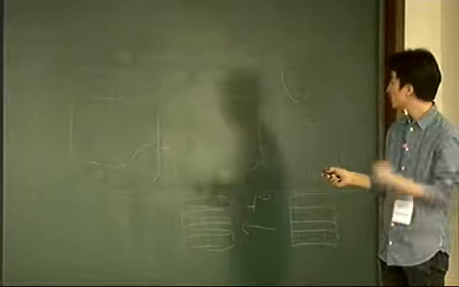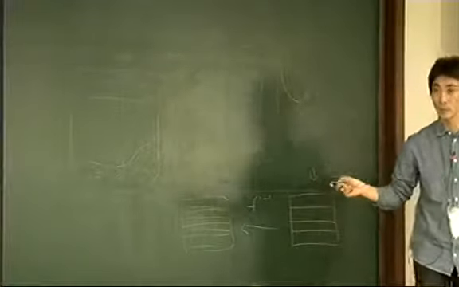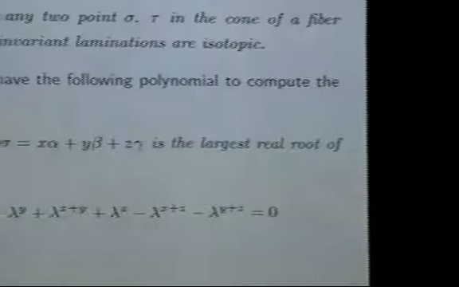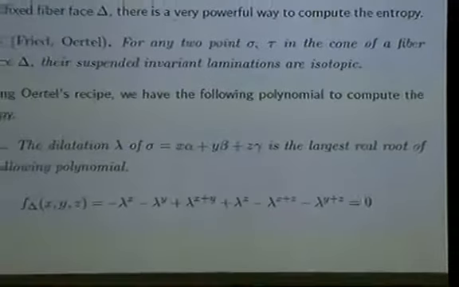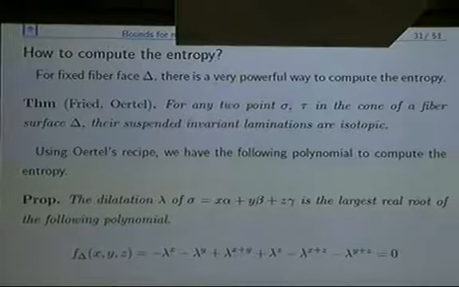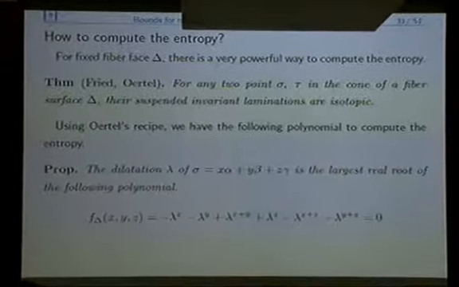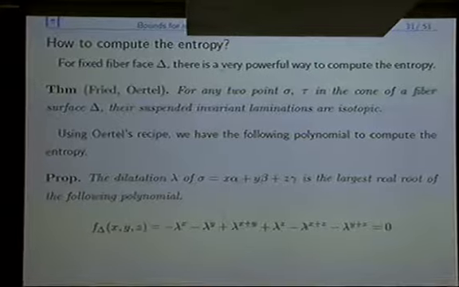So essentially, there is only one lamination in the magic manifold corresponding to the face of the Thurston polytope. And using this theorem and Otto's recipe, we can compute this polynomial for the sigma.